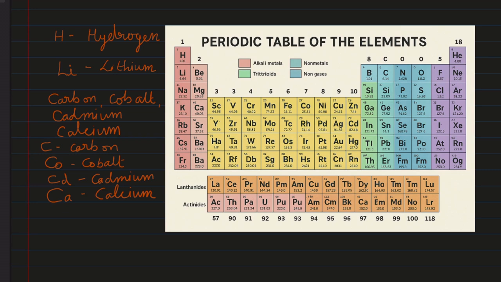You can see that the starting letter is capital and the second letter is in small letters. That is the rule. If we have many elements starting with the same letter, first we have to write the letter in capitals and the second one in small letters.